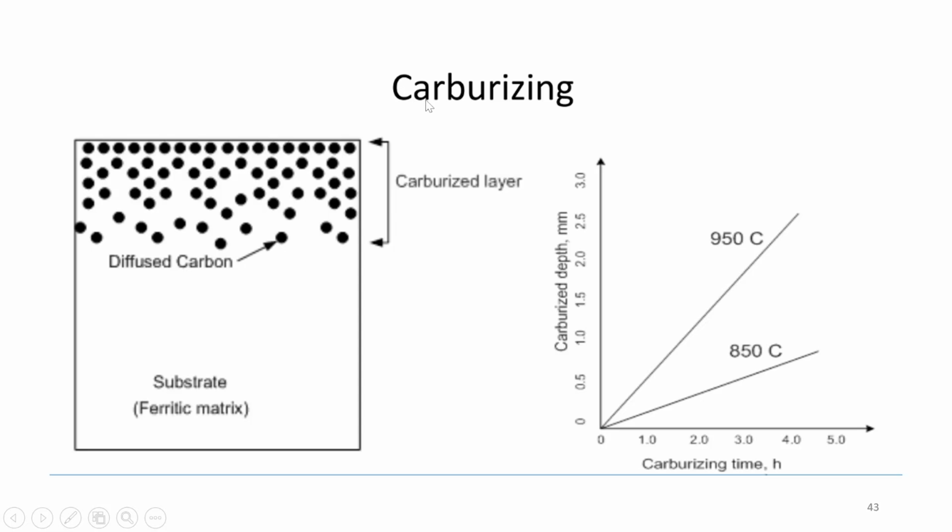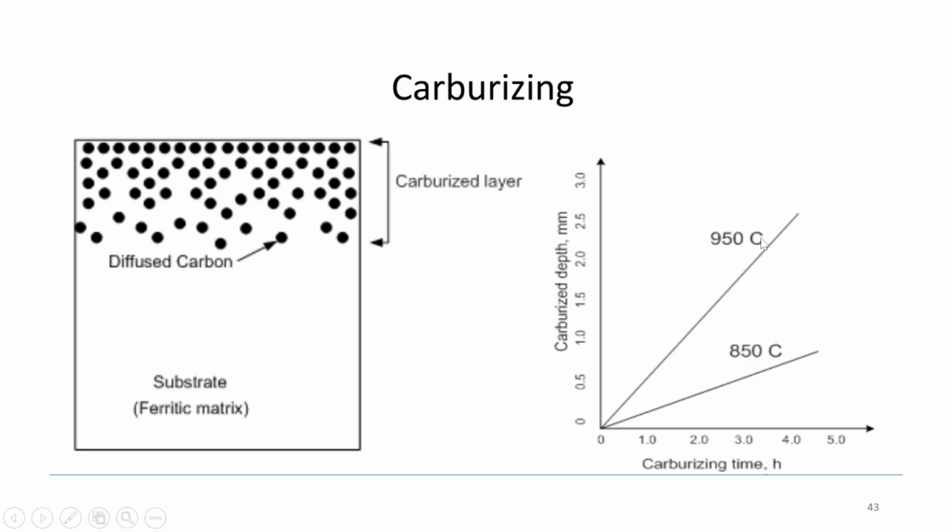Now in case of carburizing, you have formation of a carburized layer, and the concentration of carbon will keep on decreasing as you move away from the surface. So case depth is decided based on this particular composition. The matrix is ferritic, which will be tougher in nature, while the surface will have high hardness and strength.